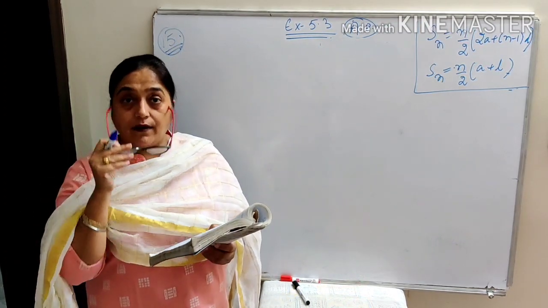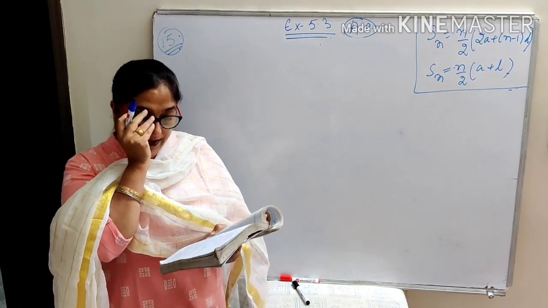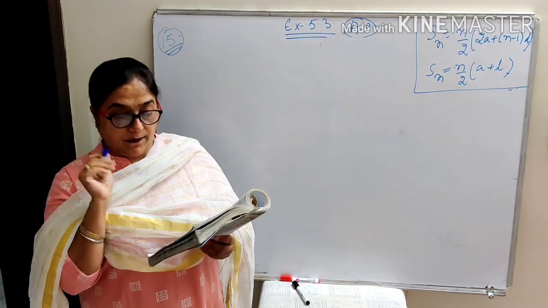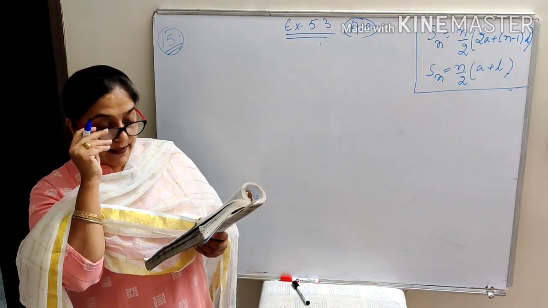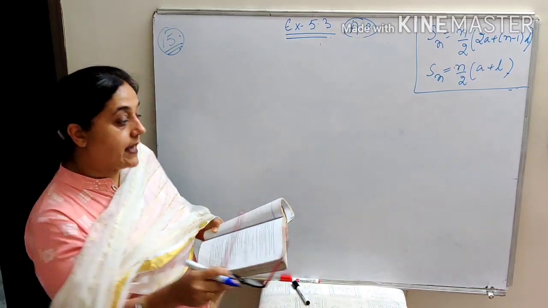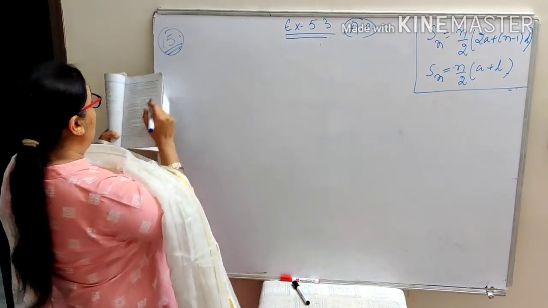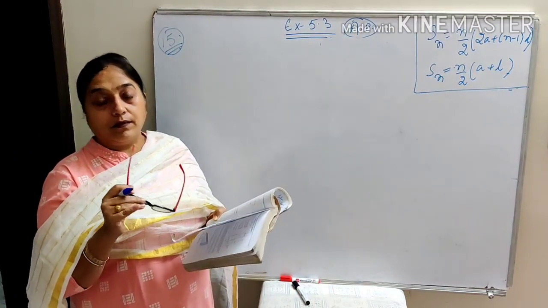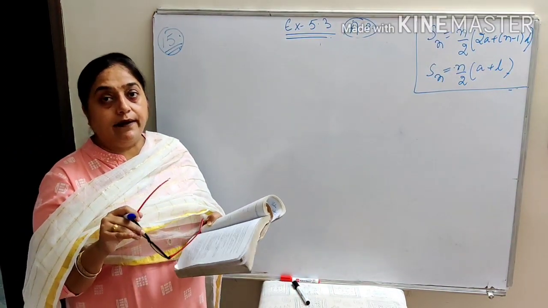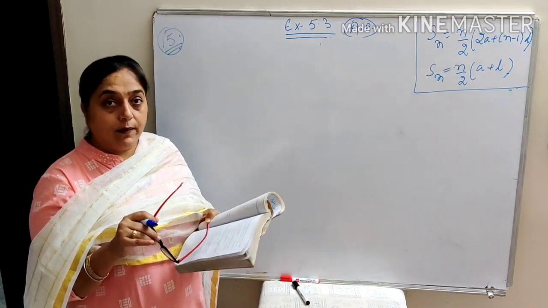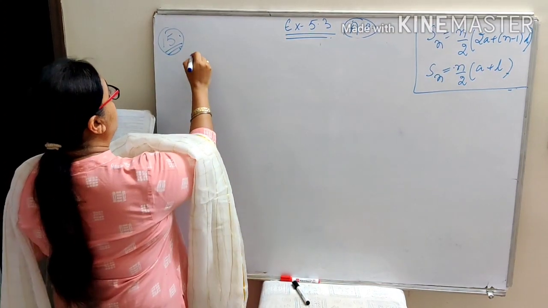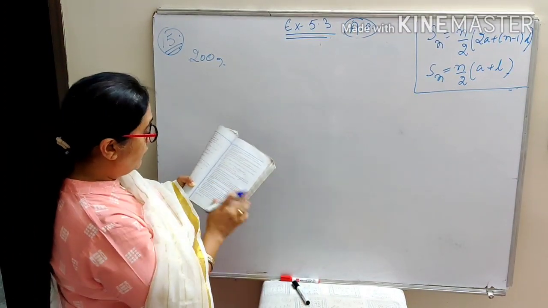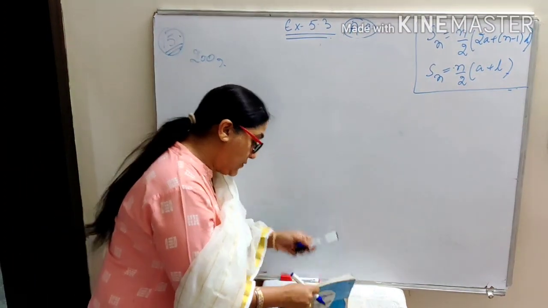Taking up question number 15. A contractor on construction jobs specifies a penalty for delay of completion beyond a certain date as follows. What does that mean? The contractor has said that if your work is not completed in a stipulated time, then what will be the penalty? The penalty will be 200 for the first day and then 250 for the second day and so on.